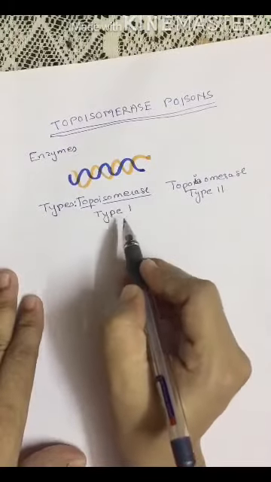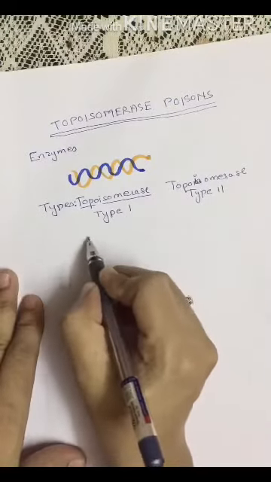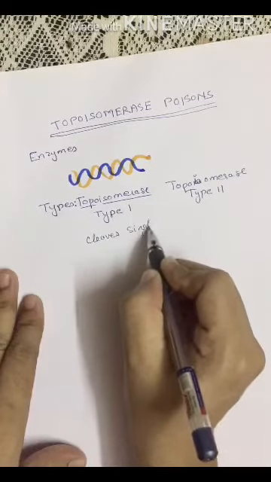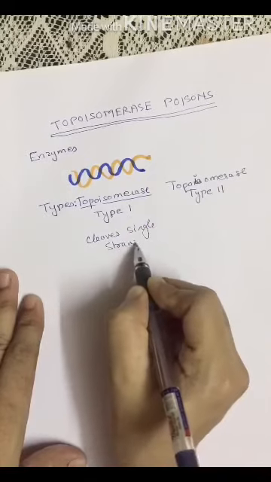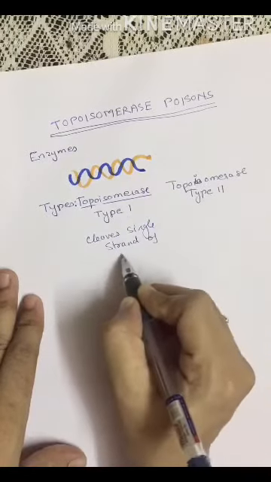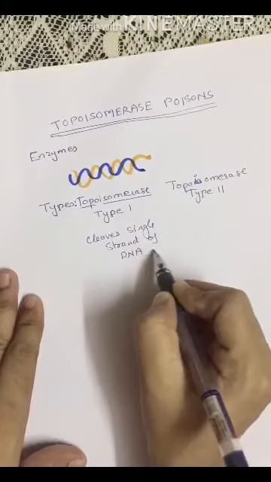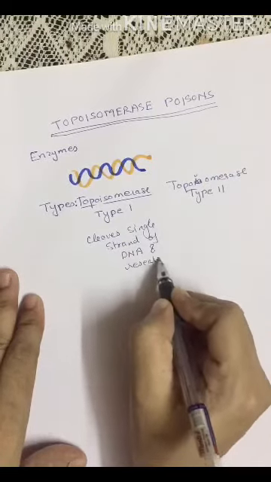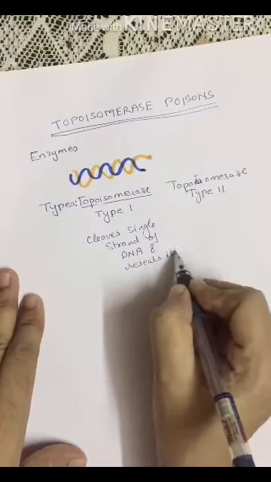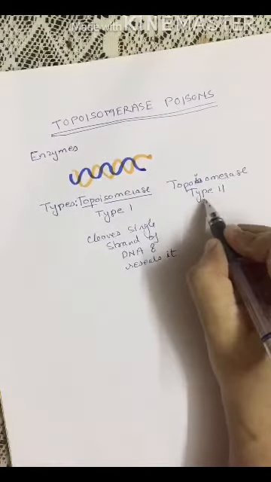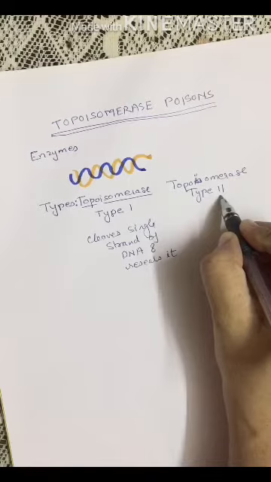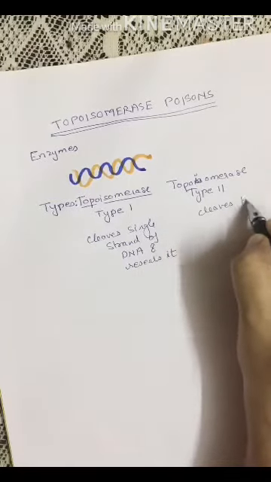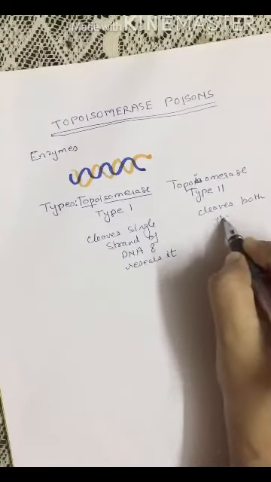Topoisomerase type 1 enzyme cleaves a single strand of DNA and reseals it. Topoisomerase type 2 enzymes cleave both the strands of DNA.